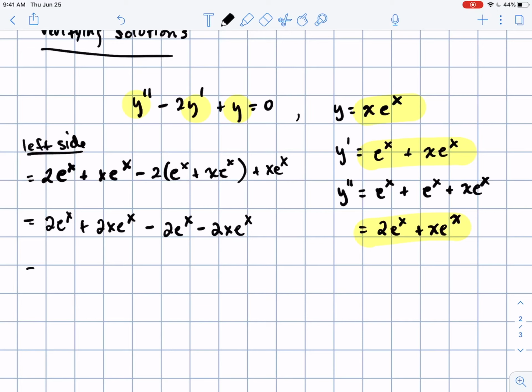Okay, you can see everything cancels and we get 0, and then that equals the right side. Okay, and then you can see how that verifies.